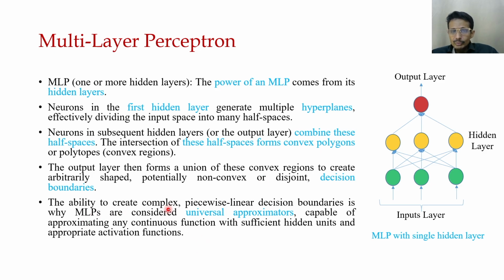The ability to create complex piecewise linear decision boundaries is why the MLP is considered a universal approximator. We will see later that an MLP with two hidden layers can theoretically model any kind of problem, though it is not that practical. It can approximate any continuous function with sufficient hidden units and appropriate activation functions.